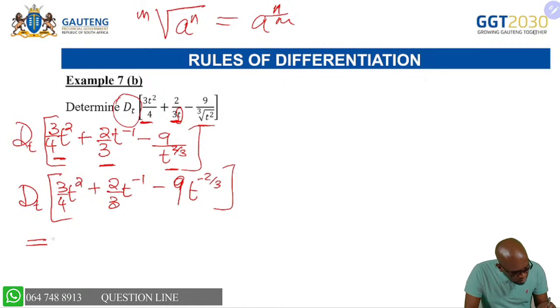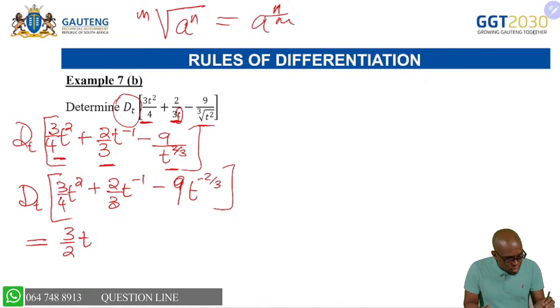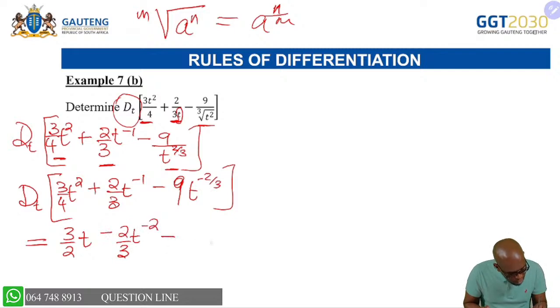So if I differentiate this one, I get 3 over 4 times 2. If I multiply that by 2, I get 3 over 2 t. And then minus 2 over 3 t to the minus 2 minus, I multiply 9 with 2 over 3.